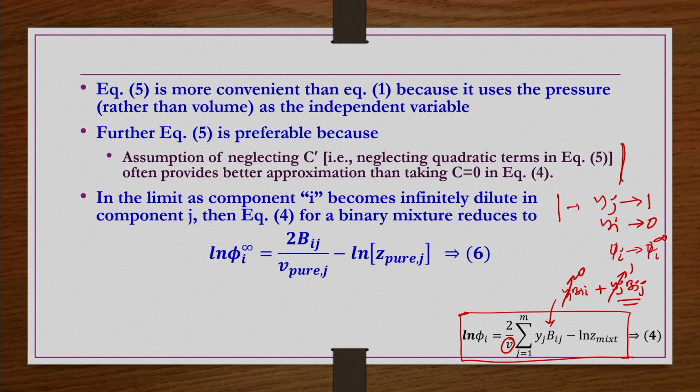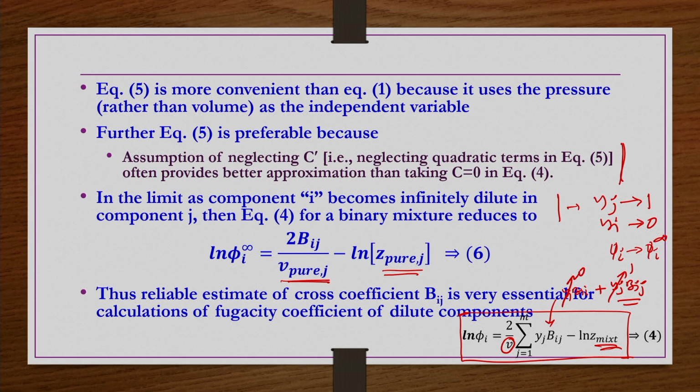So we can say V mixture is equal to the molar volume of pure j. Similarly, Z mixture is also close to Z of pure j. So in such a system, where i is infinitely diluted in component j, it is almost like a pure j component.